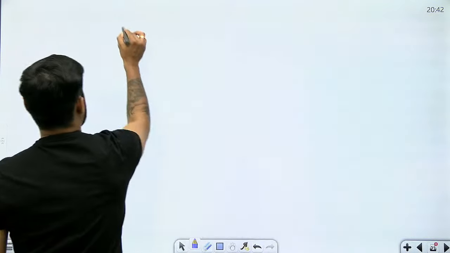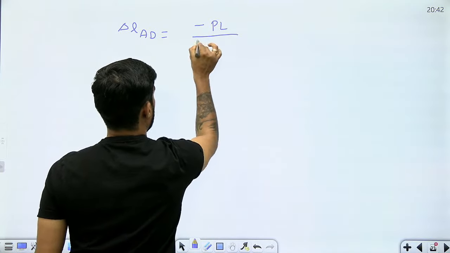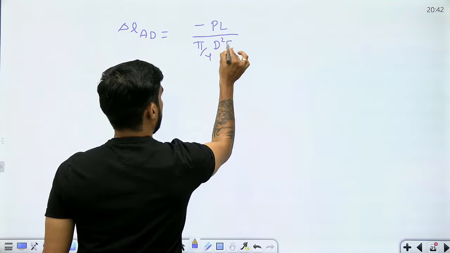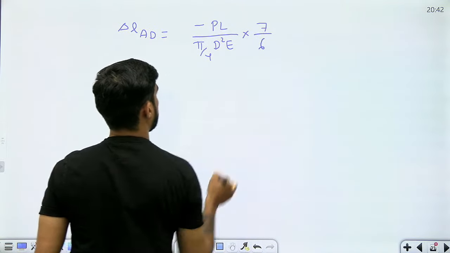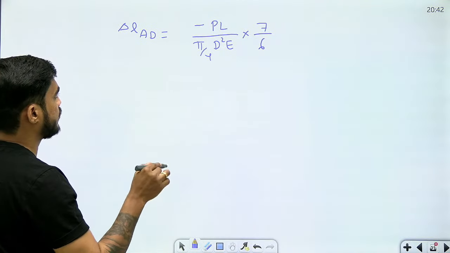Delta L of AD will be minus PL by pi by 4 D square E into 7 by 6. तो 4 ऊपर गया तो ये कितना आ जाएगा बेटा?